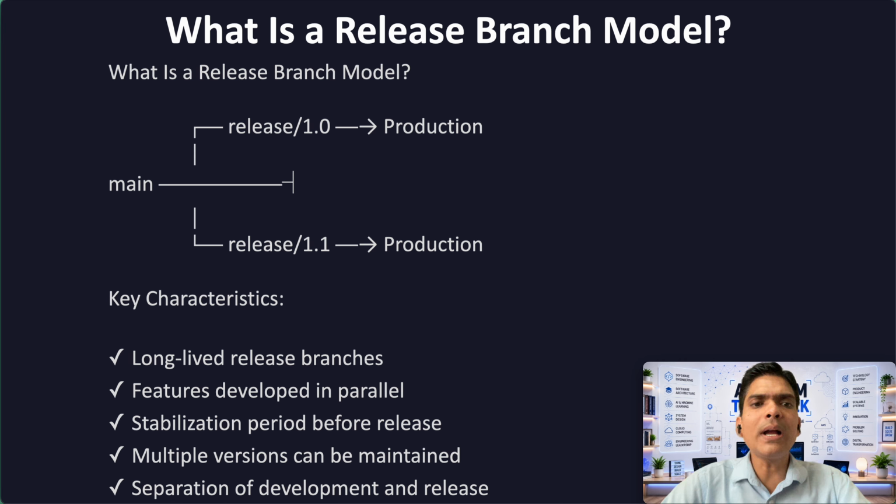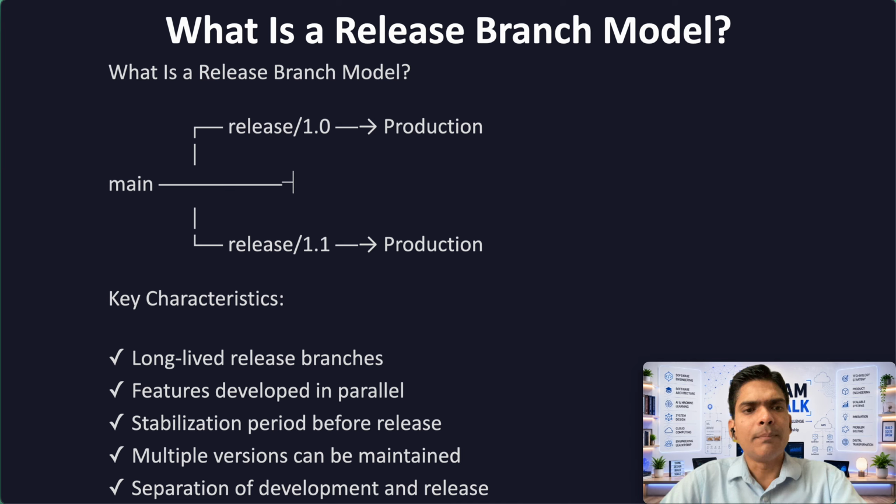Now, let's look at the release branch model. In this model, you have long-lived release branches. Development happens on the main branch or develop branches. When you are ready to prepare a release, you cut a release branch, for example, release 1.0.